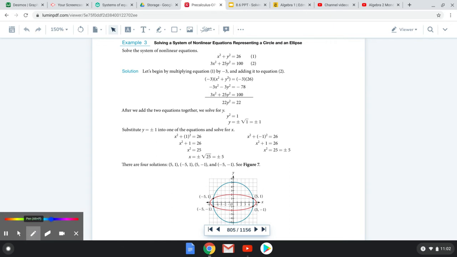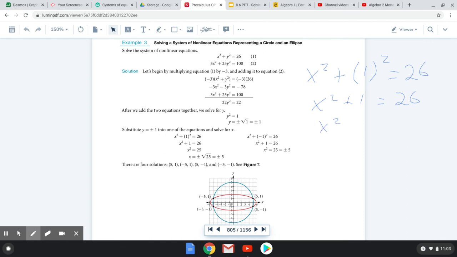So I know that they've already done it on the screen, but I'm going to write it anyway. So doing the positive version first, we're going to get x squared plus 1 squared equals 26. So x squared plus 1 equals 26. Subtracting 1 from both sides, we get x squared equals 25.